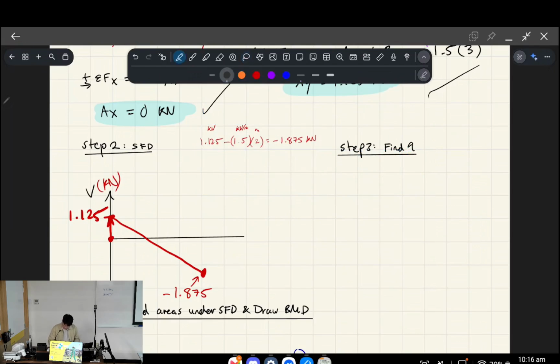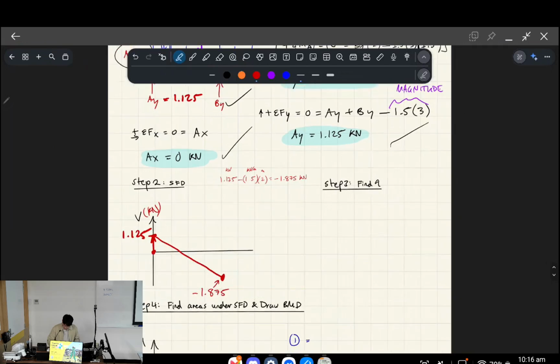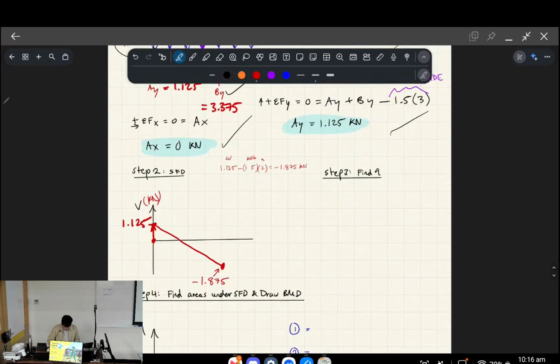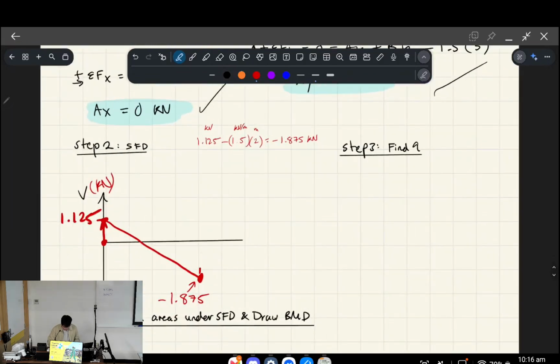Okay. The next thing that happens is we have to consider the support reaction By. By was 3.375 kilonewtons, and again, this is a discontinuity. So we'll jump up to here, and on my calculator, what I would type is negative 1.875, which is the starting point, that's in kilonewtons, and then it's going to add on 3.375 kilonewtons.